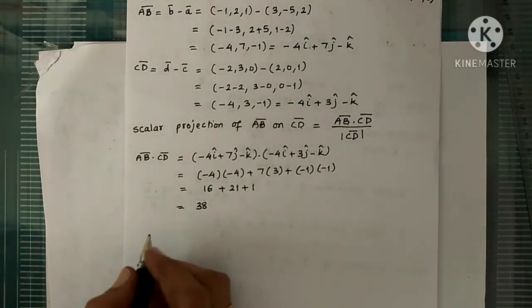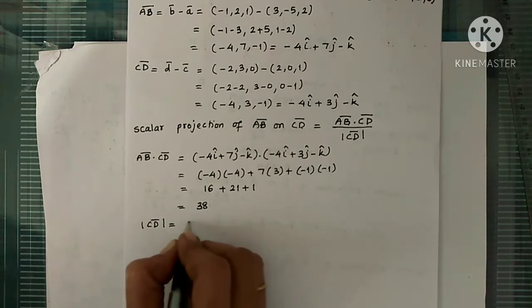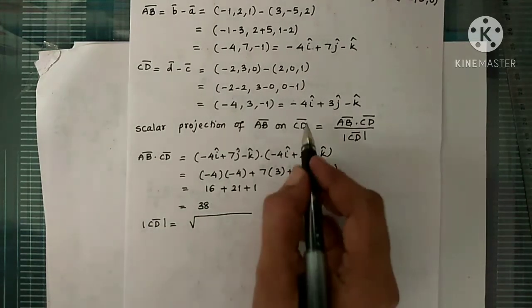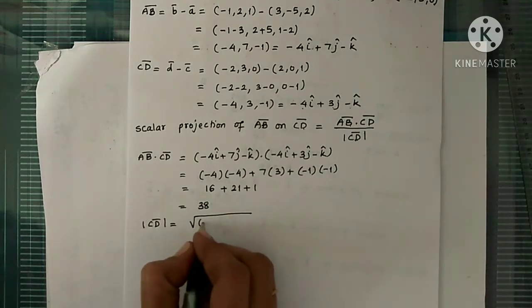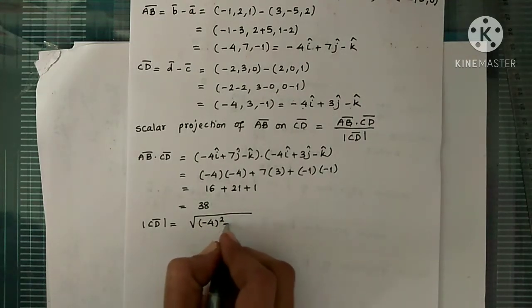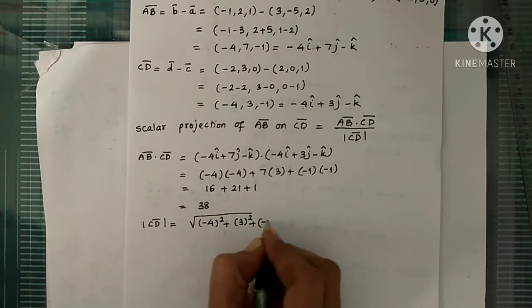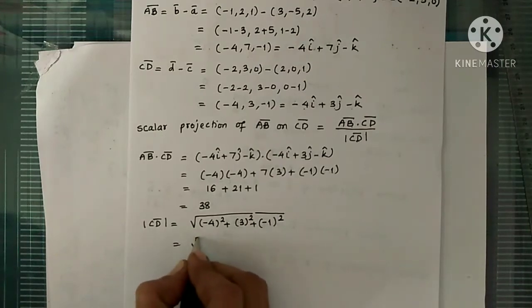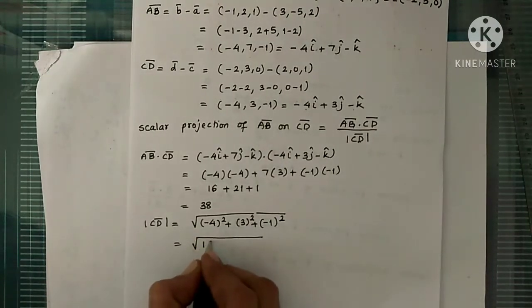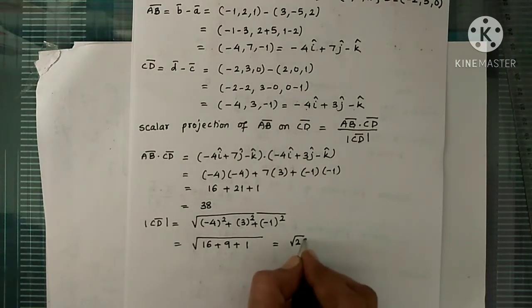Now we need modulus of CD bar. So modulus of CD bar is root of minus 4 square plus 3 square plus minus 1 square. So that is root 16 plus 9 plus 1, which is root 26.